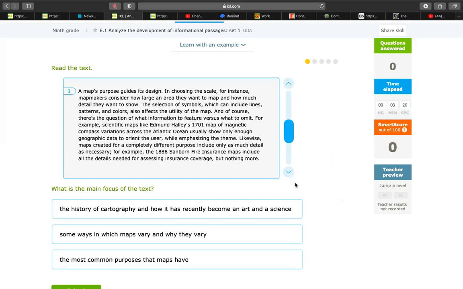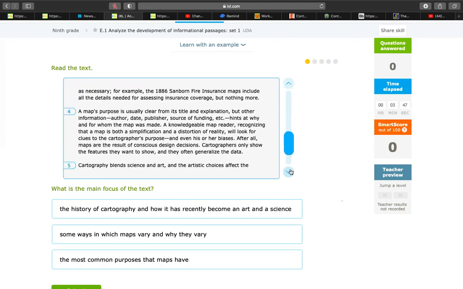Likewise, maps created for a completely different purpose include only as much detail as necessary. For example, the 1886 Sanborn fire insurance map includes all the details needed for assessing insurance coverage, but nothing more.